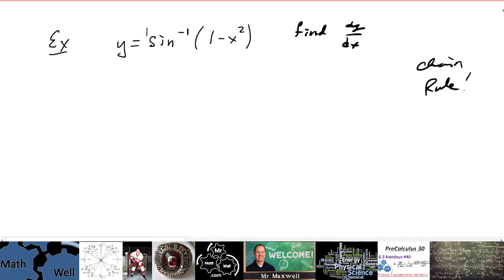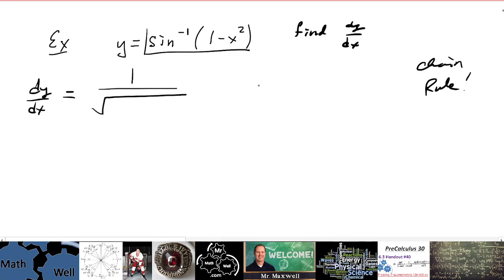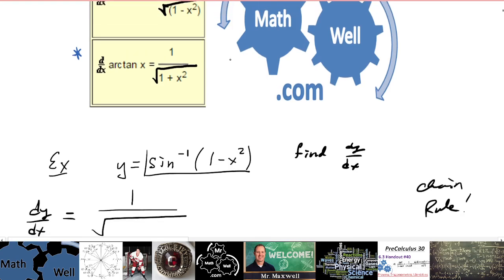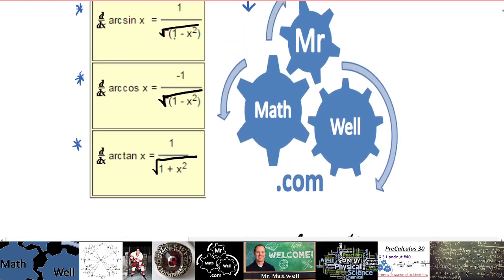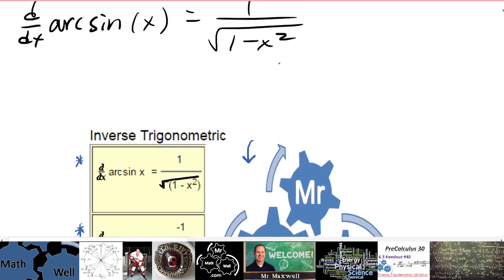Well, I know the format of this right here, so dy dx, take the derivative of this. The format is 1 over root, and look back to your chart. What did we just work out here? 1 minus x squared.